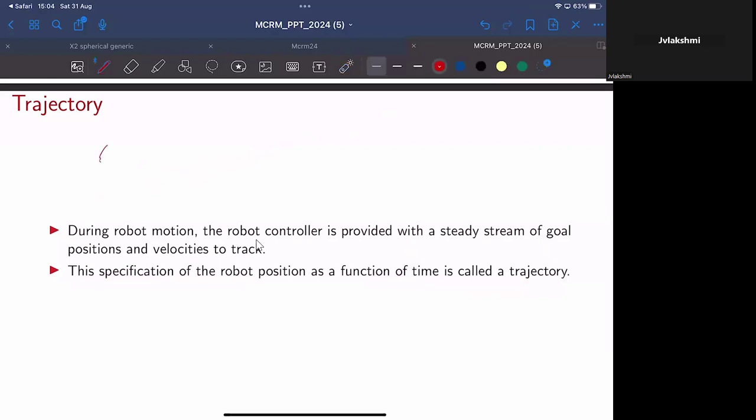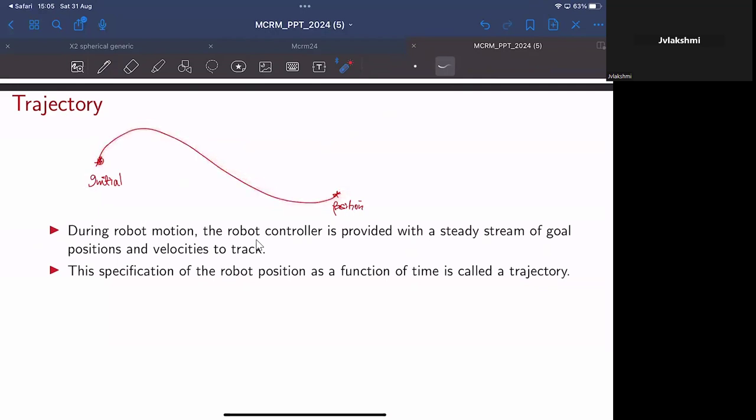For example, if a robot tracks a path like this, it starts from an initial position and goes to the final position. It can go from the initial position to the final position however it wants. Maybe it can go with a constant speed, or maybe it can start very slowly, and once it reaches some intermediate point, it can go very fast, and just before it stops, it can decelerate very gradually.